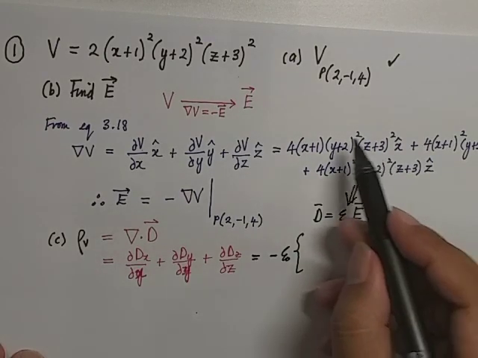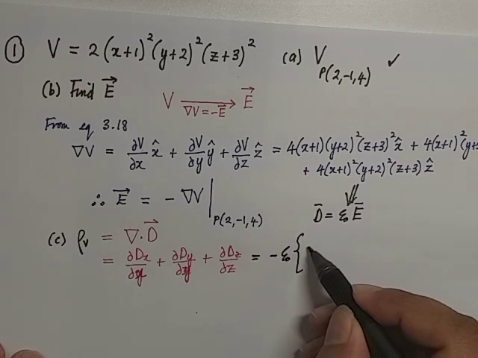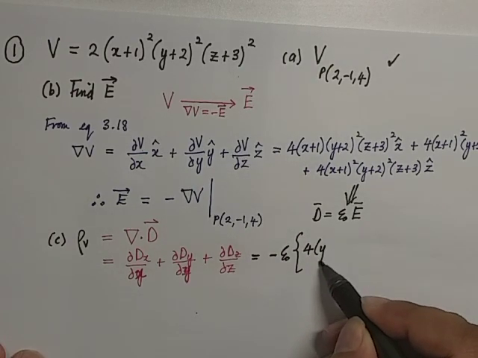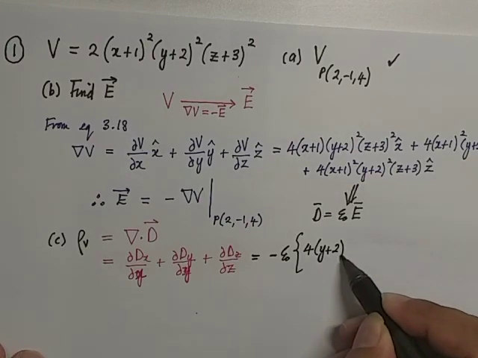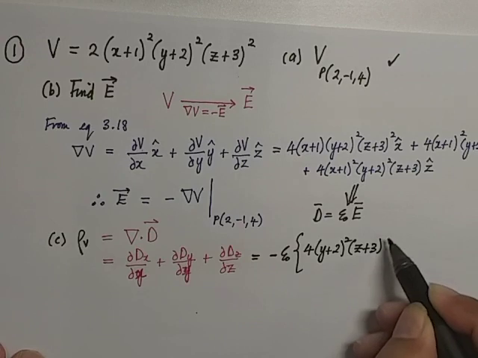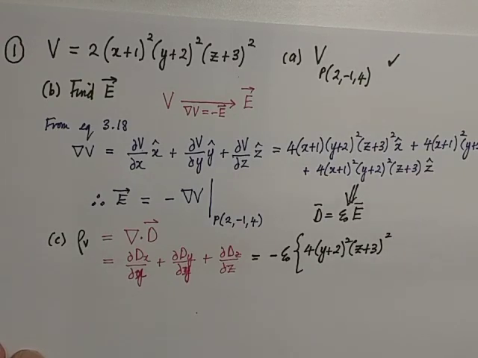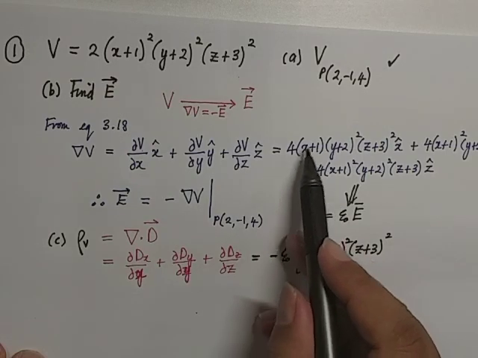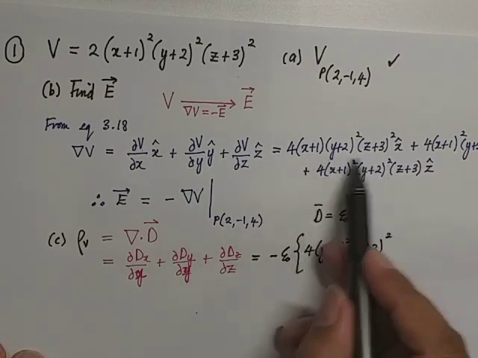When we differentiate this term with respect to x, it should be 4, then y plus 2 squared, z plus 3 squared. That should be the first differentiation with respect to x. Correct? The x term ends with 1, and the other part is constant, so we just leave it as it is.